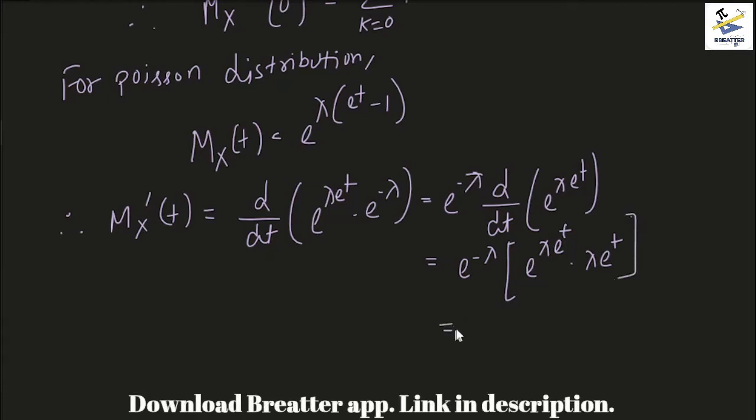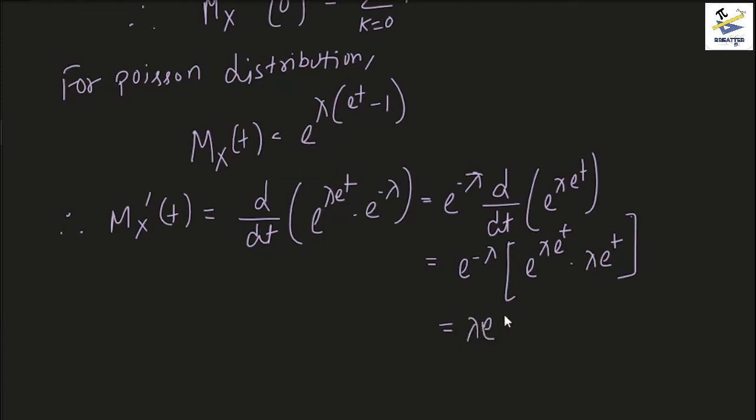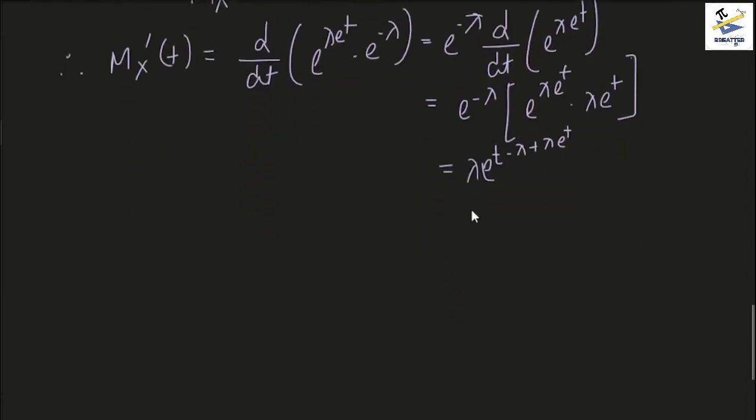This would give us lambda outside, e to the power (t minus lambda plus lambda e to the power t). This would be our entire expression here, right? So this is the first derivative.